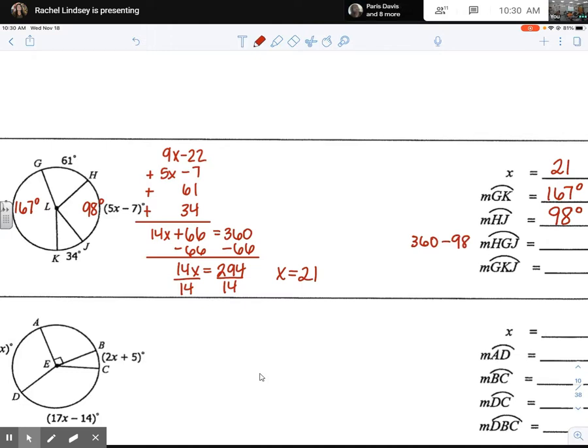You get 262. Yeah. And then G to K to J. 167 plus 34. That's the one we're looking at right here. So, 201.